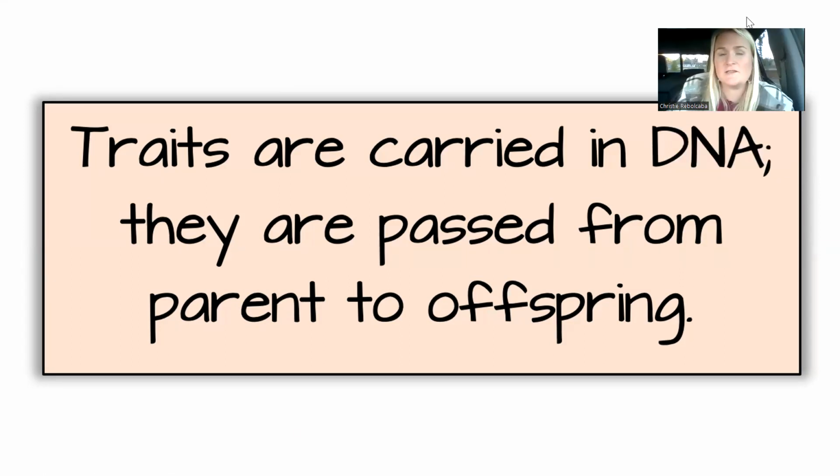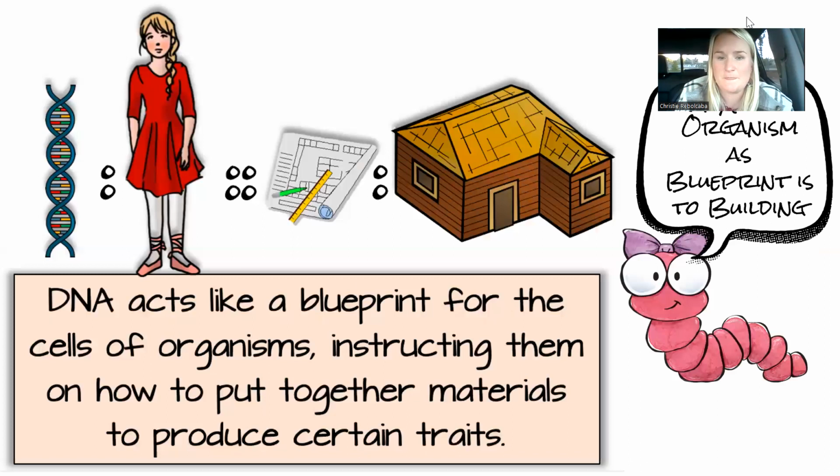Okay, traits are carried in DNA. They are passed from parent to offspring. So we've been learning a lot about chromosomes, alleles, Punnett squares, and genes, and all of those are derived from DNA. DNA acts like a blueprint for the cells of an organism, instructing them how to put together materials to produce certain traits.